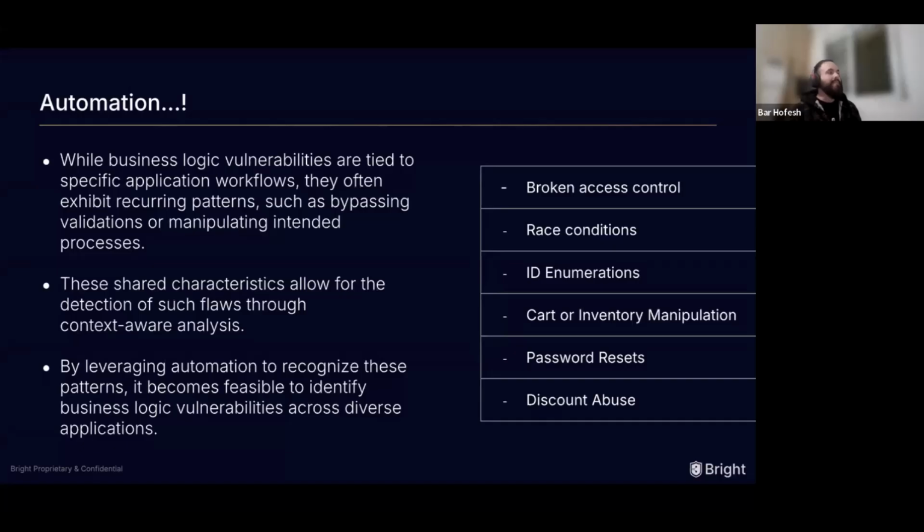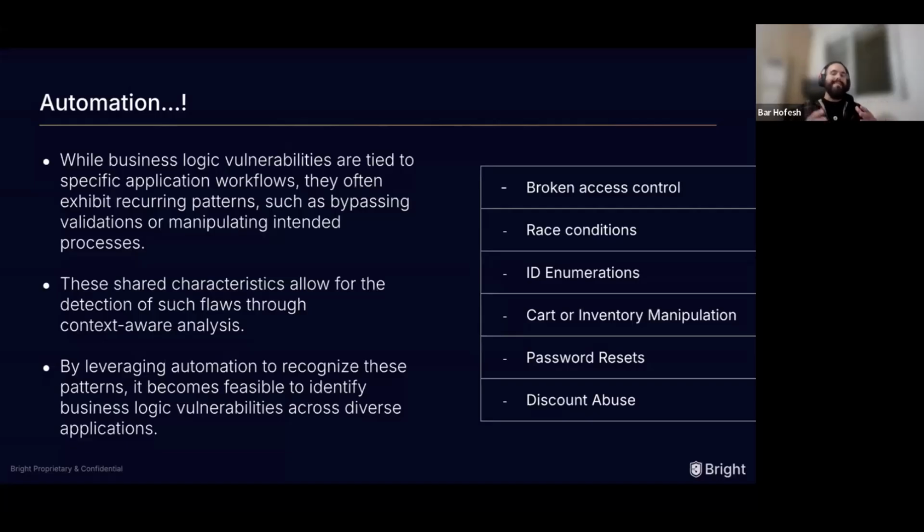And while the business logic vulnerabilities are tied, right, to specific application workflows, banks, marketplaces, shops, tickets for shows, tickets for flights, each one with their own unique workflow, they often exhibit recurring patterns, such as bypassing validation or manipulating intended processes.